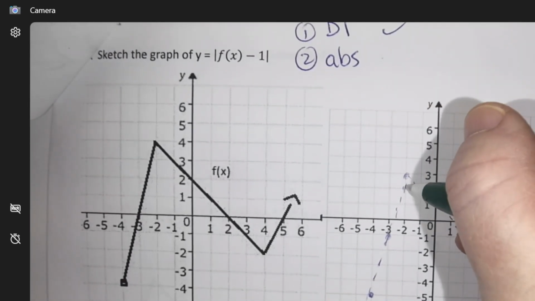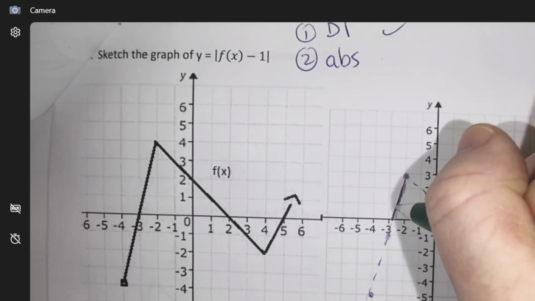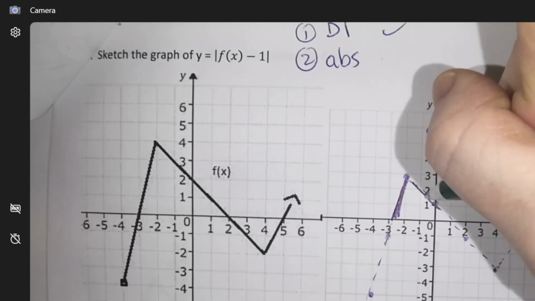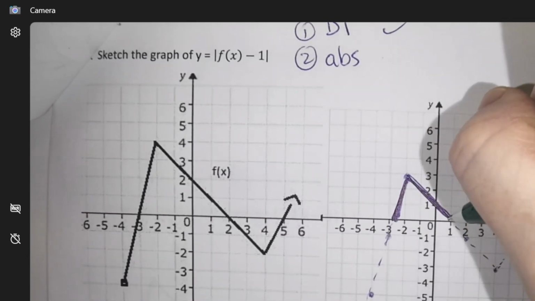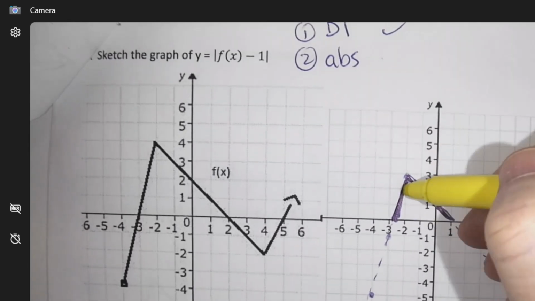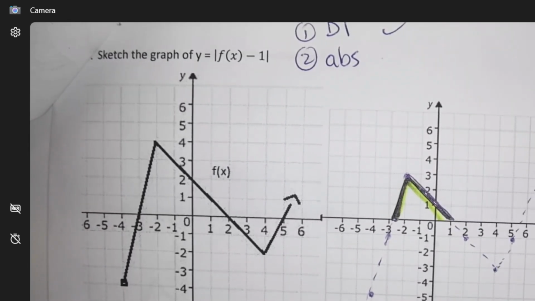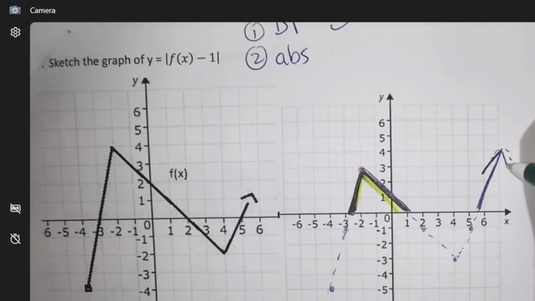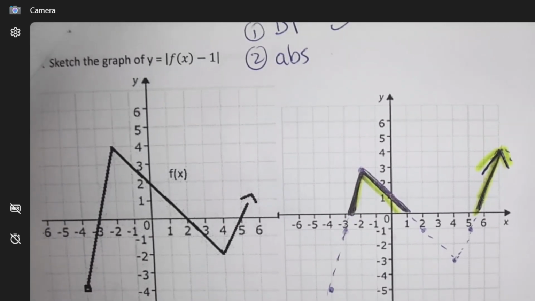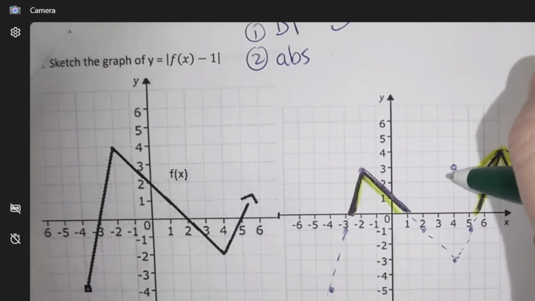So this is going to stay. That's going to be staying. This is going to stay. That stays. All that stays. And then the negative distances, right? Like if you think of a distance, the negative heights need to change.